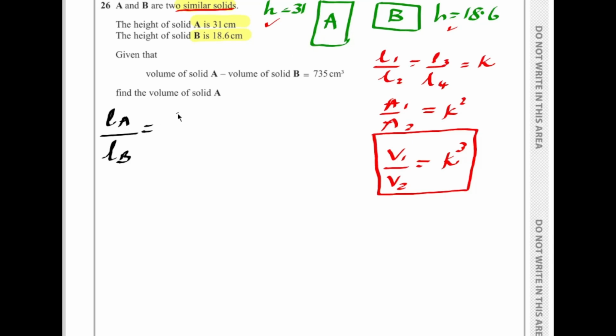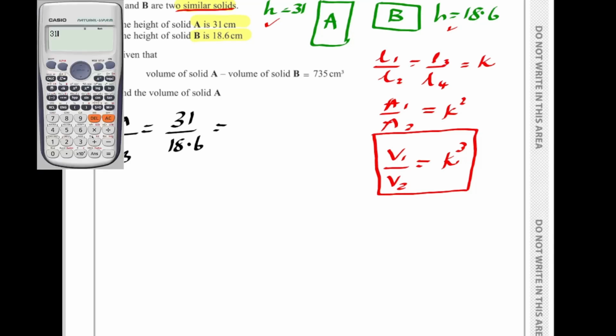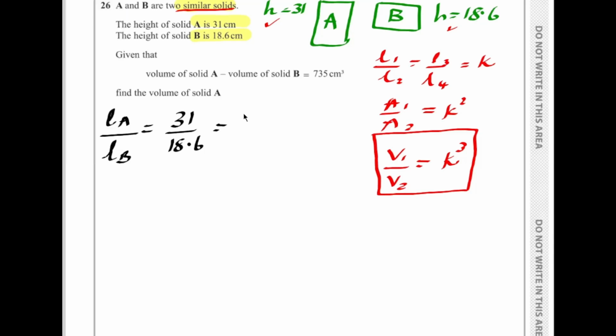Length of A is 31, length of B is 18.6. 31 divided by 18.6 is 5/3. So we have the scale factor K equals 5/3.